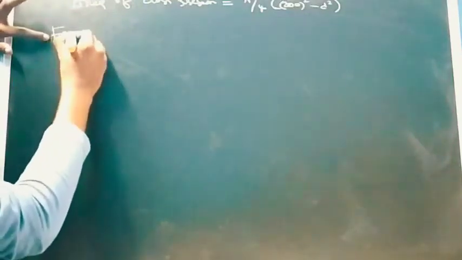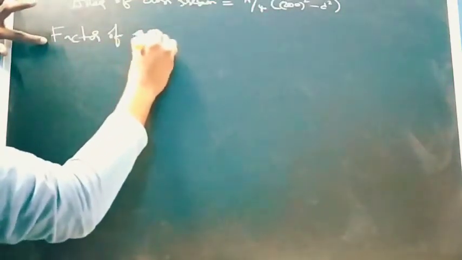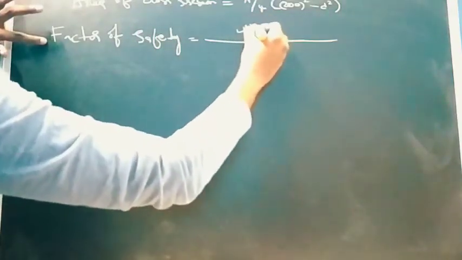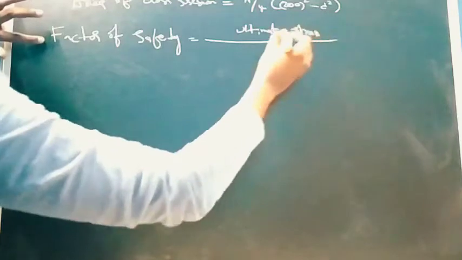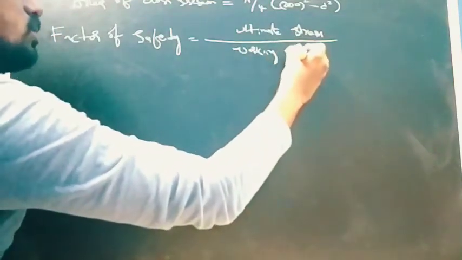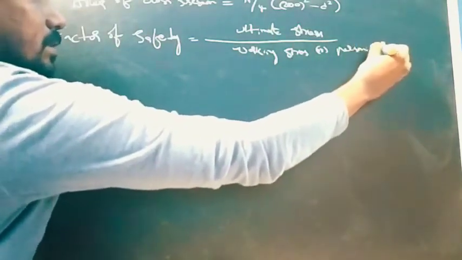What is the formula for factor of safety? We already studied in previous lectures that factor of safety is the ratio of ultimate stress and working stress. Working stress, like we discussed, is also known as permissible stress.